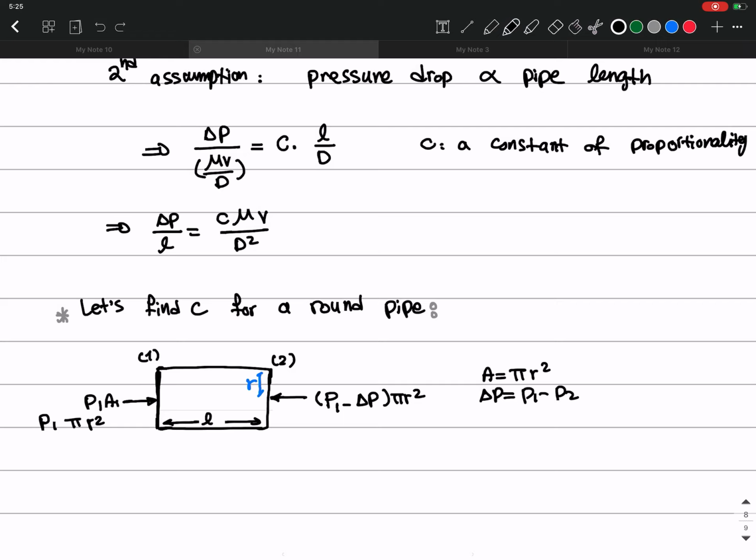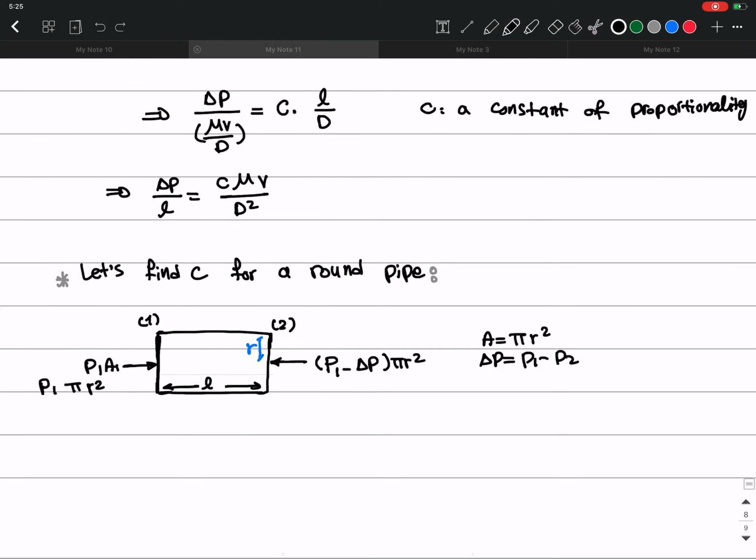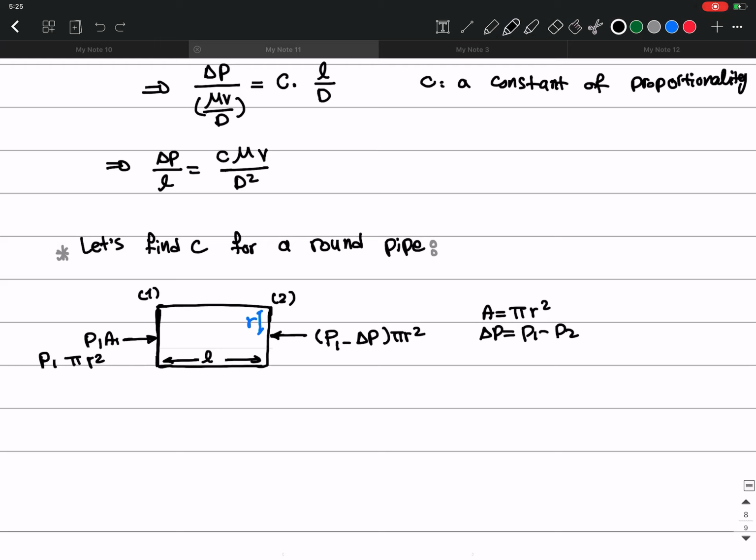So what is that going to be? Say if you have one circle, let me show it here. And this has a radius r, okay?